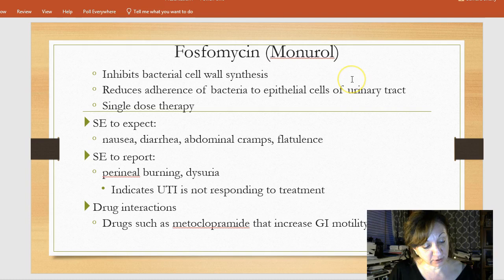This first one, Monurol, usually used for uncomplicated UTIs. It has a bactericidal effect against most gram-negative, gram-positive. Side effects, of course, are diarrhea, headache, and there's more listed here.